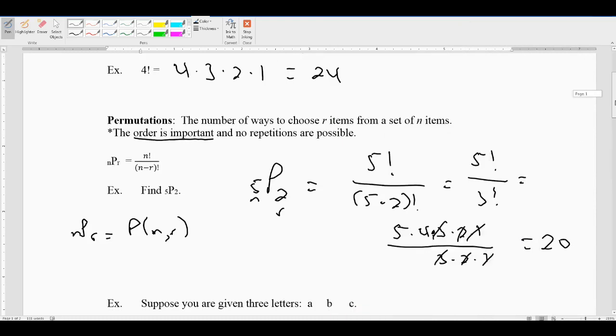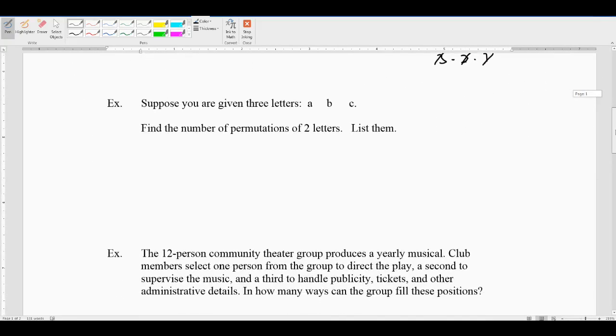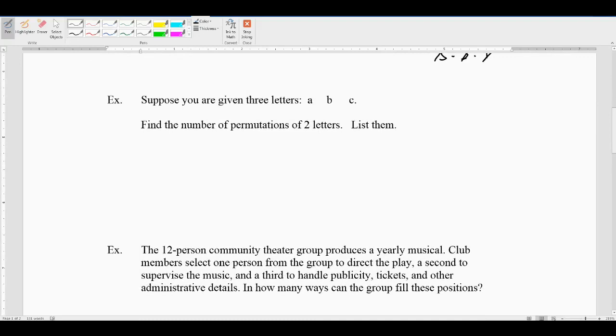Nice, isn't it? So let's look at a more concrete example. Suppose you're given 3 letters, A, B, and C. We want to find the number of permutations of 2 letters at a time. So that just means we're going to list them. We could actually do it as 3P2 because we have 3 total and we want to choose 2 at a time.